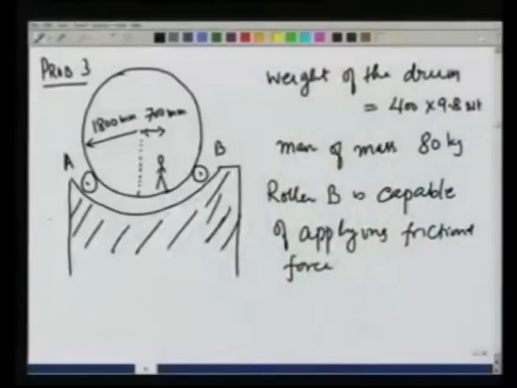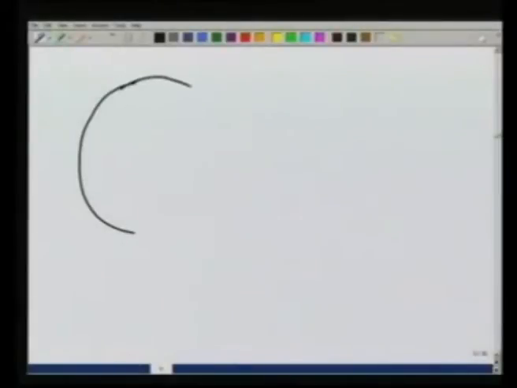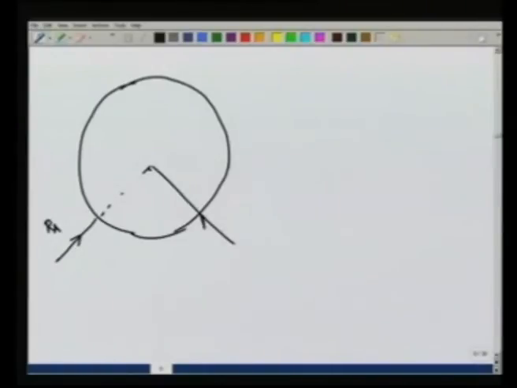We want to find the reactions on A and reactions on B. To solve the problem, let us make a free body diagram of this drum and see what all forces are acting. There will be a force R A acting here, there will be a force R B acting here.